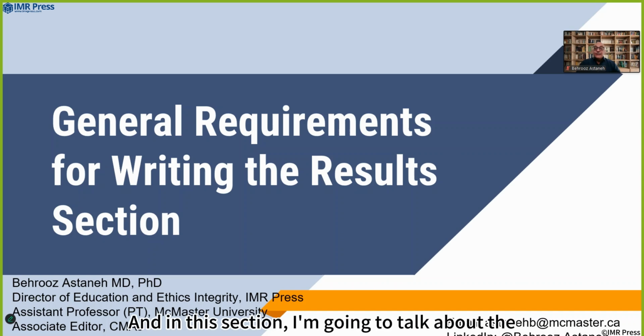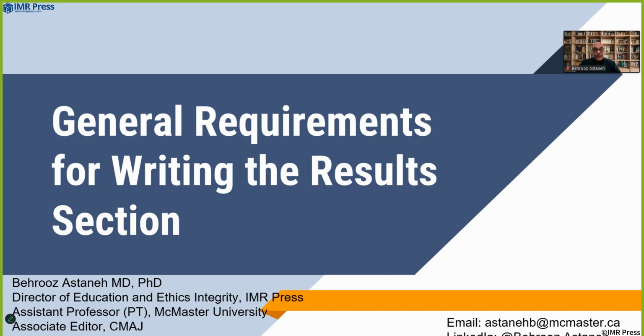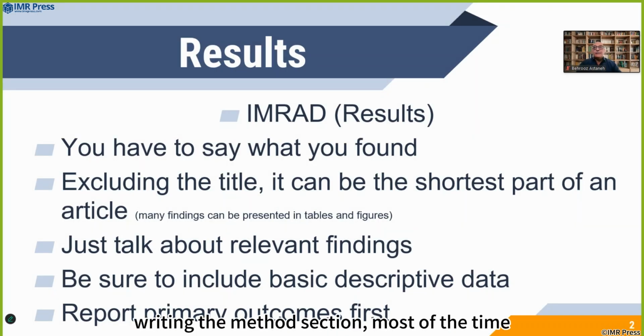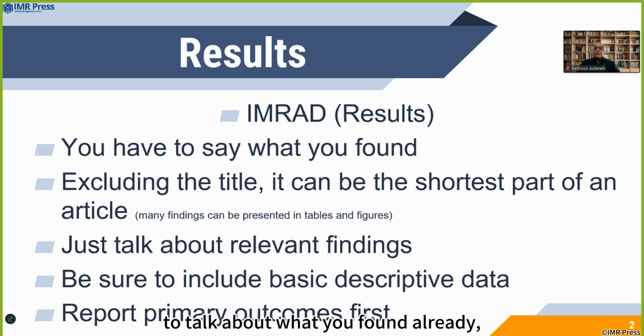And in this section, I'm going to talk about the general requirements for writing the results section. Similar to what I told you about writing the method section, most of the time in the results section, as you are going to talk about what you found already, the tense that you use is past tense in the English language.